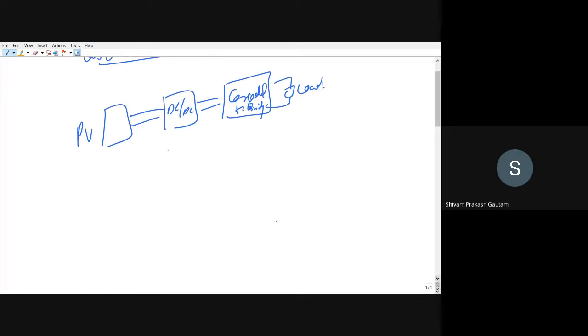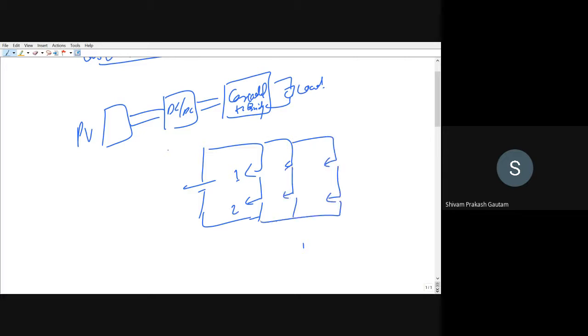So earlier we were using a 2-level inverter, and that was something like this, right? And let us suppose this is 1, 2, 3, 4, 5, 6.